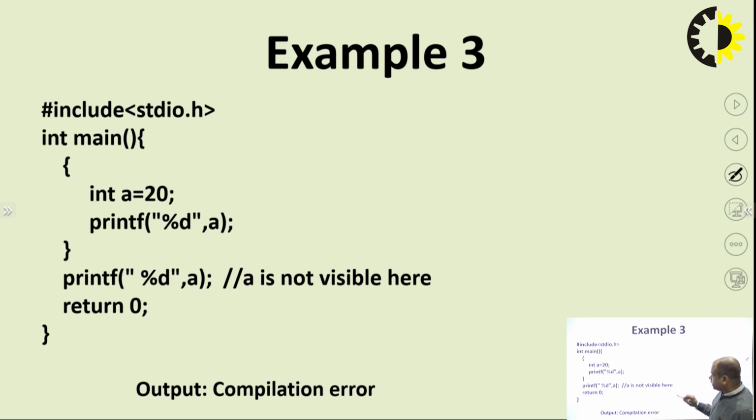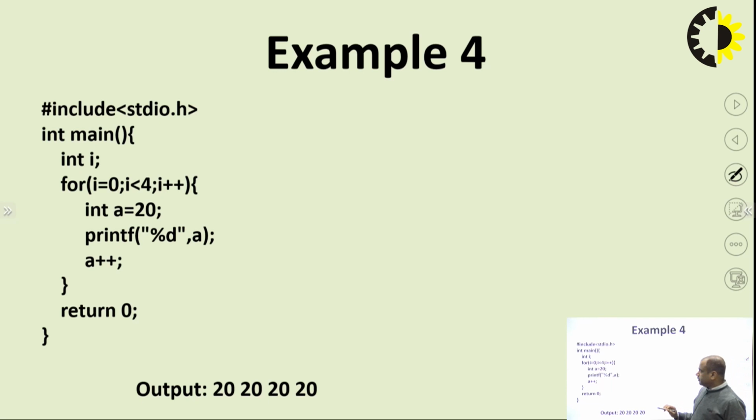See also here, if we define the variable value a equal to 20 and use that value, after that block the variable will not be available, because that value ends once the block is finished.